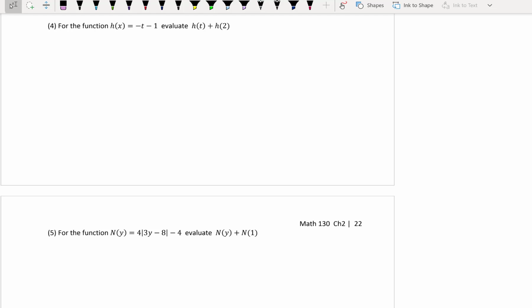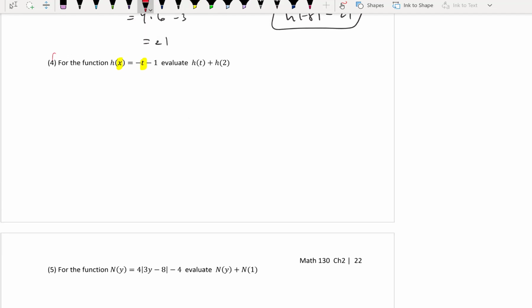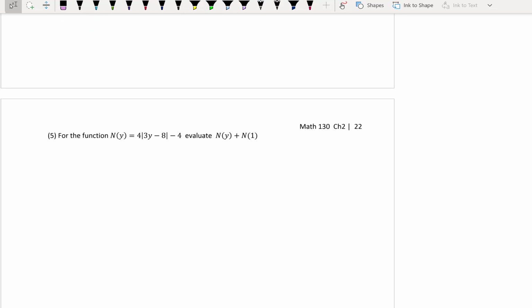So students, I just realized I made a small error on this worksheet. Notice here that I have the x value, that should have also been the x value. So I'm going to skip this one because I made a typo. But number 5 is really, really similar. You still have your input of a y value, so that's good, that matches. That was my mistake in the last problem.